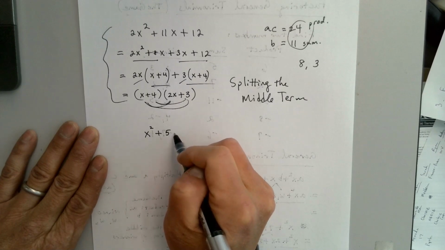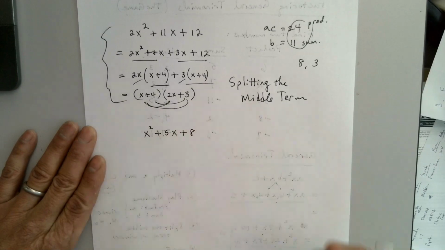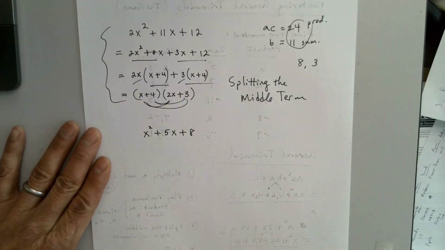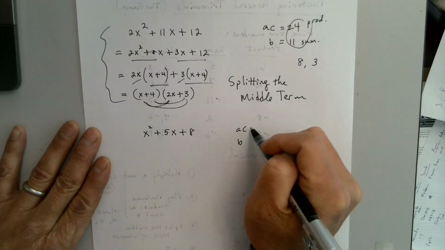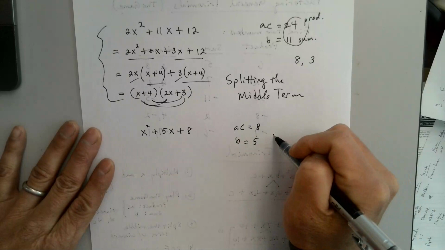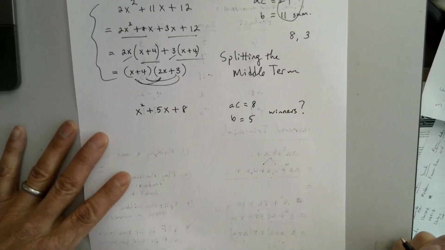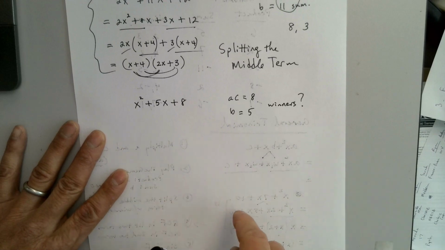let's say this trinomial, what'll happen is when you play the game and try to find the winners, there are no winners.